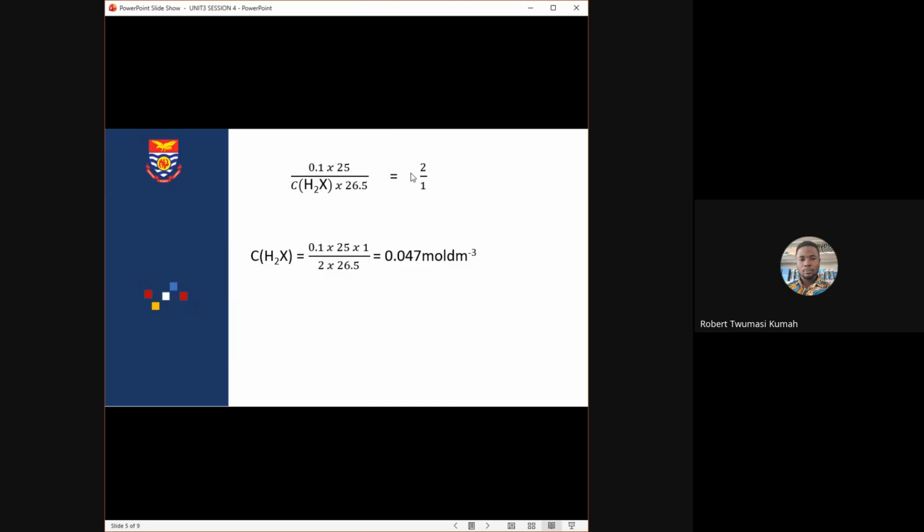This is the agreement, 2:1 or 2/1. And when we compute that, it gives us 0.047. If you don't want this, you can go back and use the first principle like we have used for the other questions. You're going to get the same thing. All right, so that gives us 0.047 molar or mole per dm cube of the H2X.